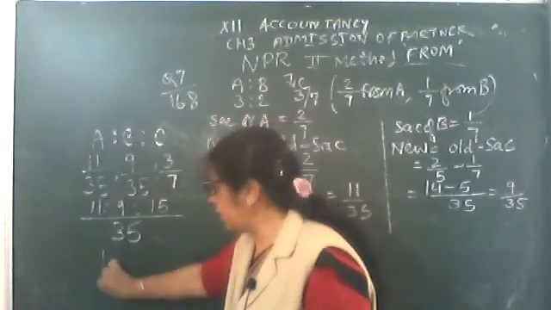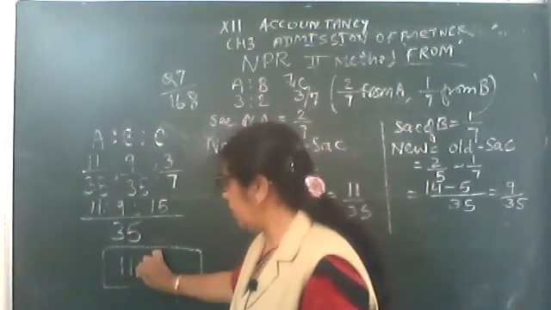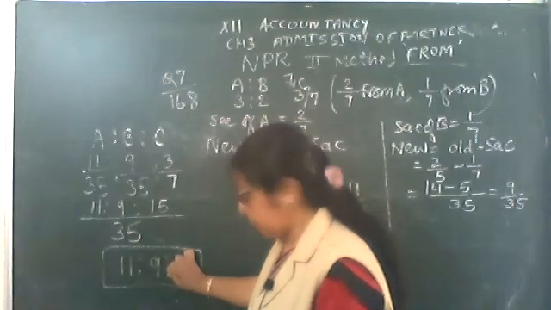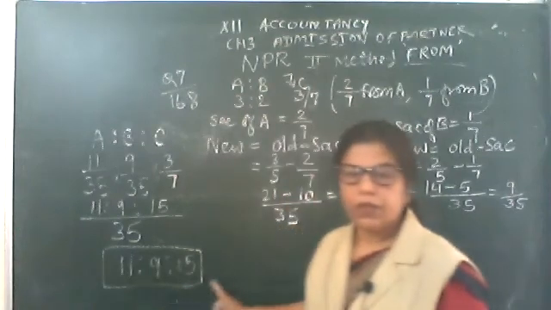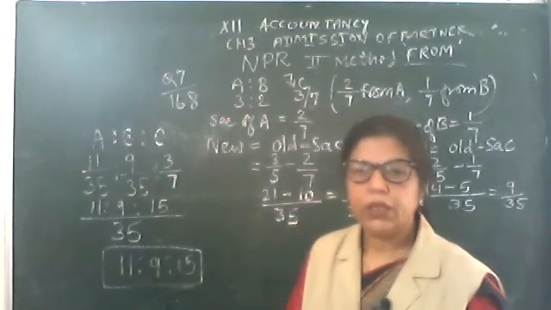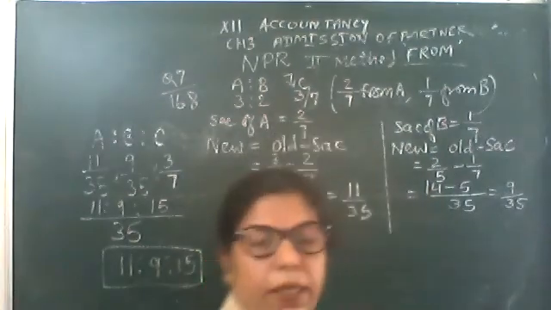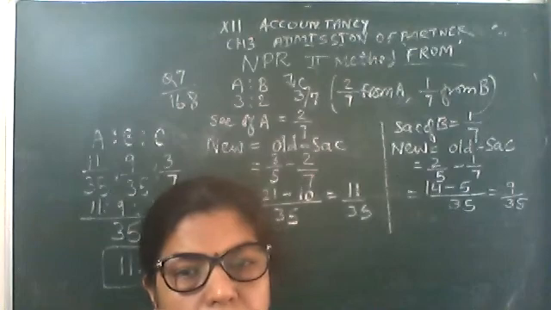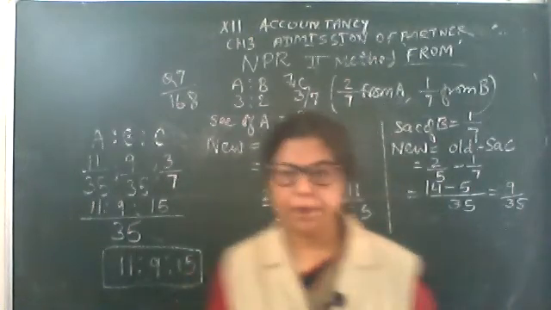So our answer will be 11:9:15. Children, I'm sure you are getting the answer. If you are unable to understand, I'll explain again.